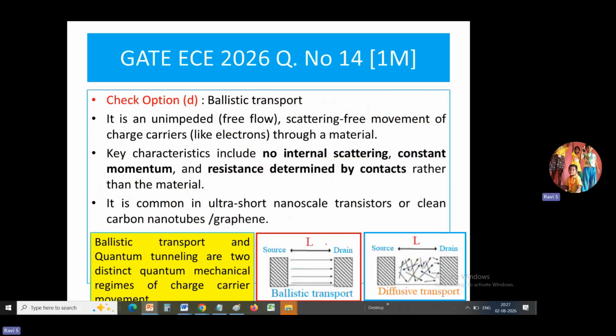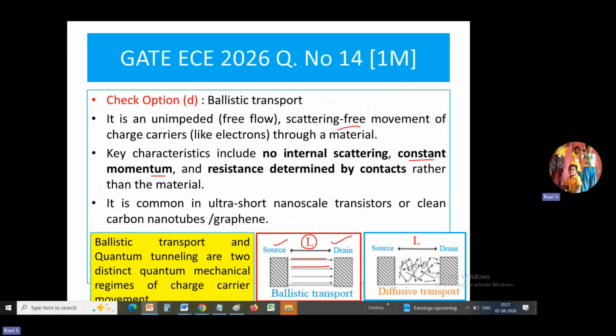Ballistic transport means the movement of charge carriers in a smooth, scattering-free mechanism. Here, the length, that means the distance between the source and drain region of a device, is very short. Under this situation, the charge carriers, instead of scattering, have constant momentum and go in a straight line.